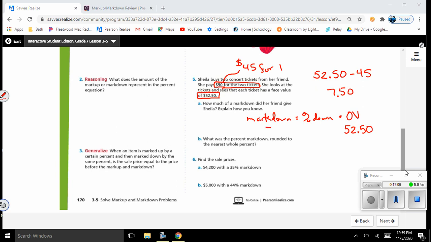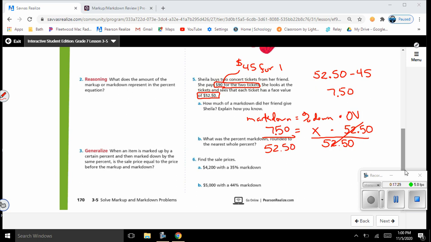So the markdown, guys, is going to be $7.50. And the percent down is really what you're looking for. So X times $52.50 equals $7.50. We're going to divide both sides by $52.50 to get rid of it. Gone. Same thing over here. Divide by $52.50. That would be gone.